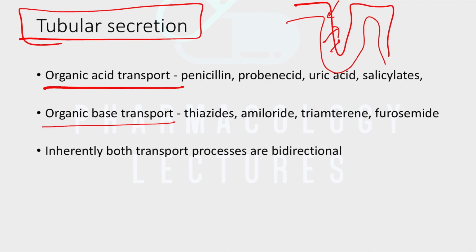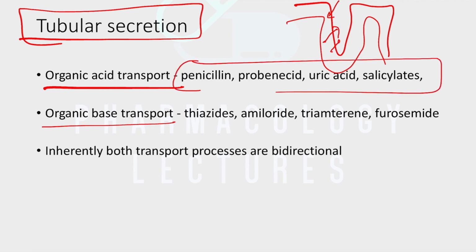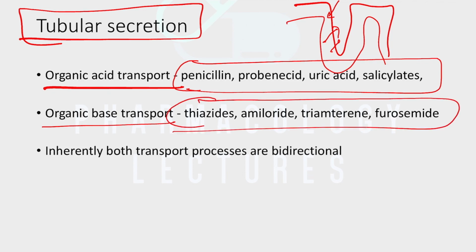Some are organic acid transporters and some are base transporters. Now, which drugs get secreted through acid transporters? These are mostly acidic drugs like penicillin, probenecid, uric acid, and salicylates. And the basic transporter mainly secretes diuretic drugs that we will see in the CVS section.